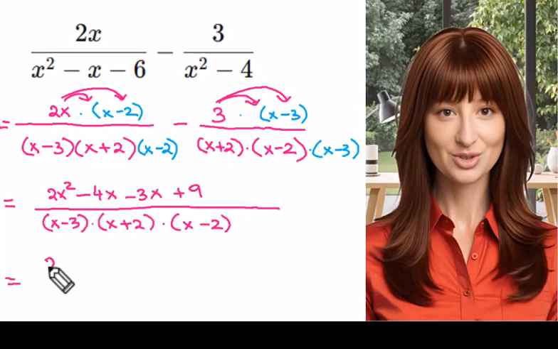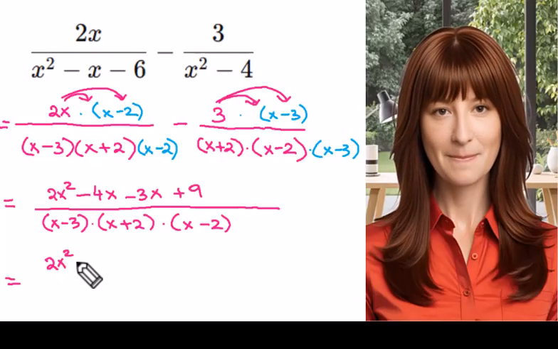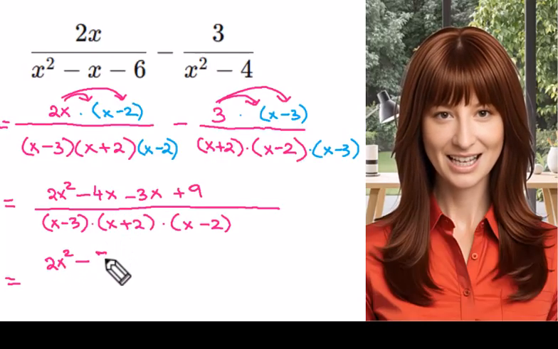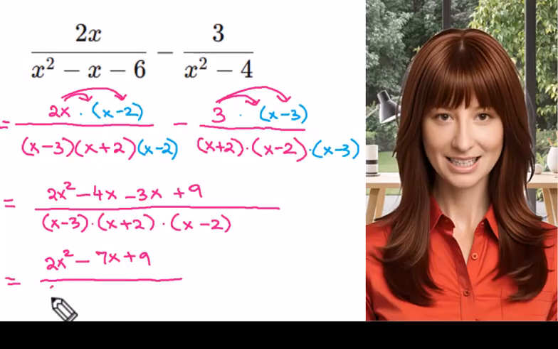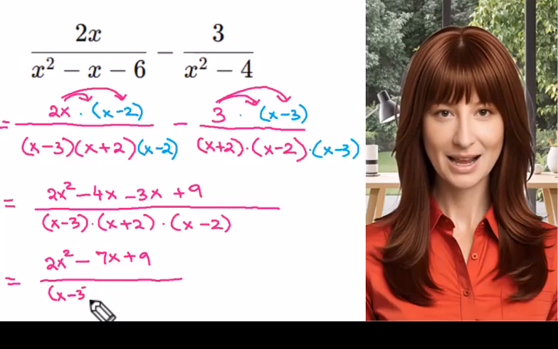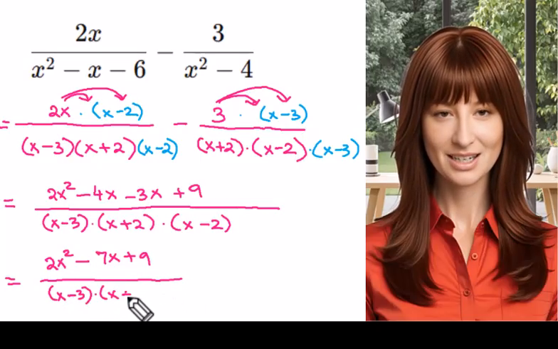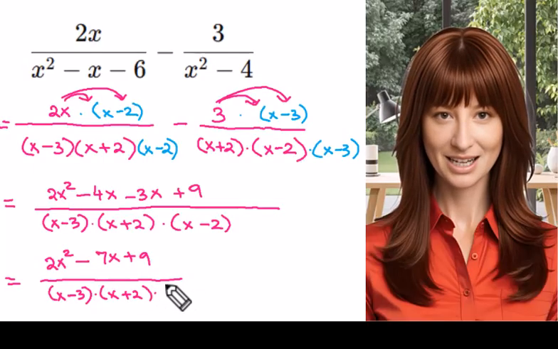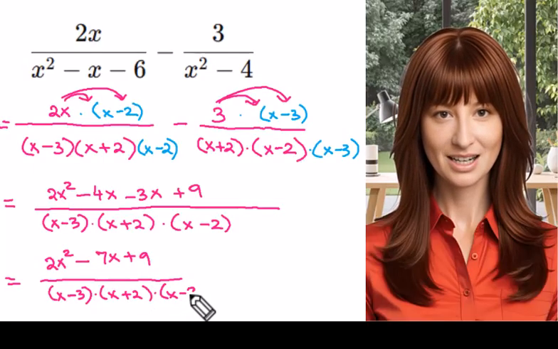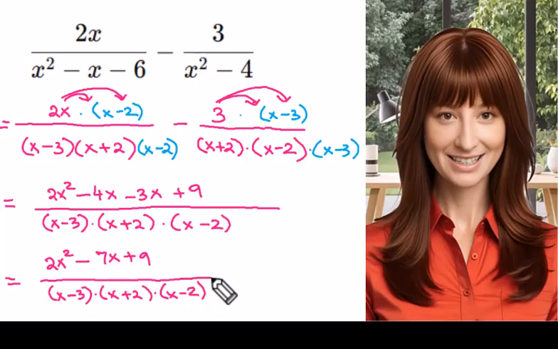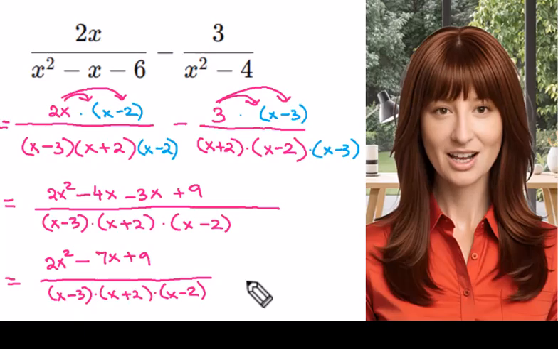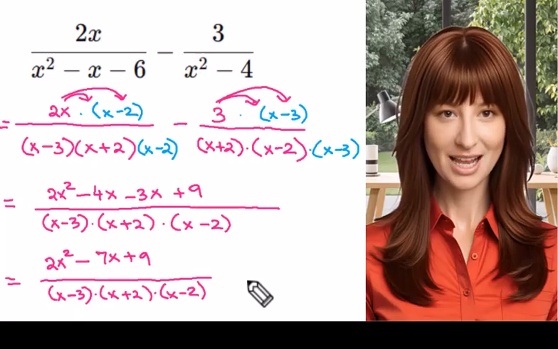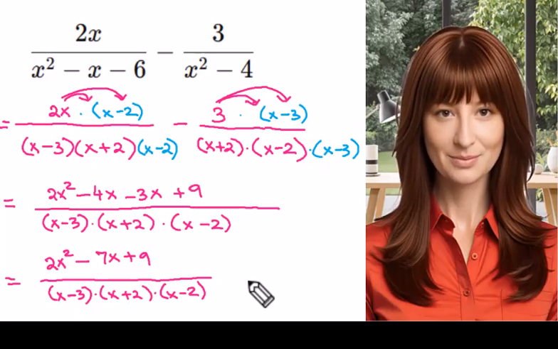So we have 2x squared minus 7x plus 9 over x minus 3 times x plus 2 times x minus 2. So again, adding or subtracting rational expressions is very similar to adding and subtracting regular fractions.